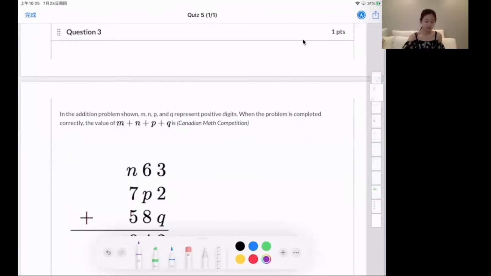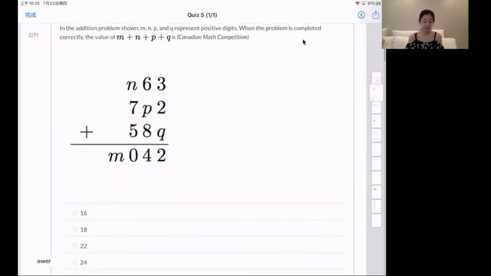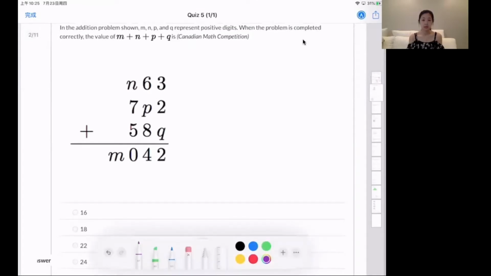Question 3. We need to find the value, the sum of m plus n plus p plus q. First of all, we need to find out what number each letter equals. Let's start from the unit digit. 3 plus 2 plus q has to be at least 12, because 3 plus 2 is already 5.